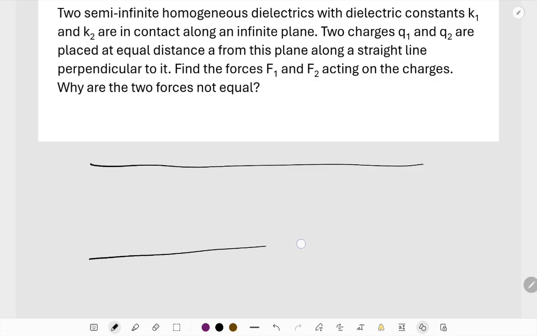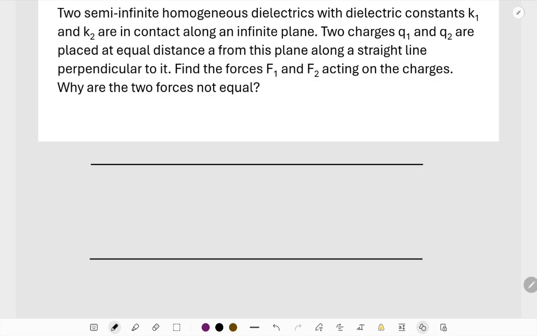This is some kind of infinite plane, and there is a boundary, divided into two semi-infinite planes, this one left and right, and this forms a complete infinite plane.